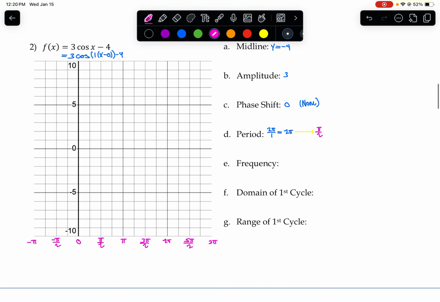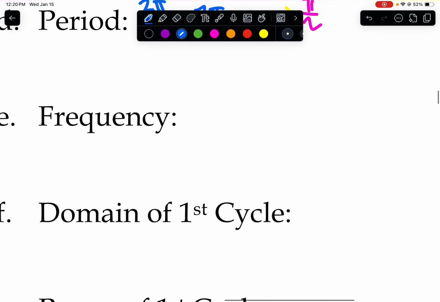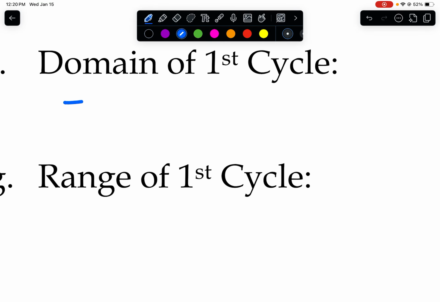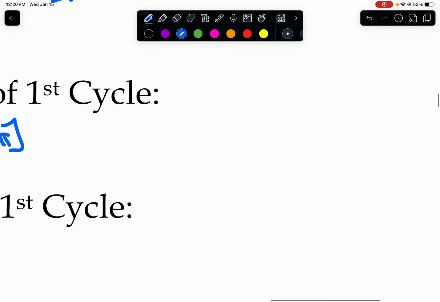All right, and then for the frequency, moving on, we're going to have 1 over the period, which is just going to be 1 over 2 pi. Now for the domain, we're going to do that weird little rule that we had. So the phase shift, which is 0, and then the phase shift plus the period. So in this case, we're just looking at 0, 2 pi.